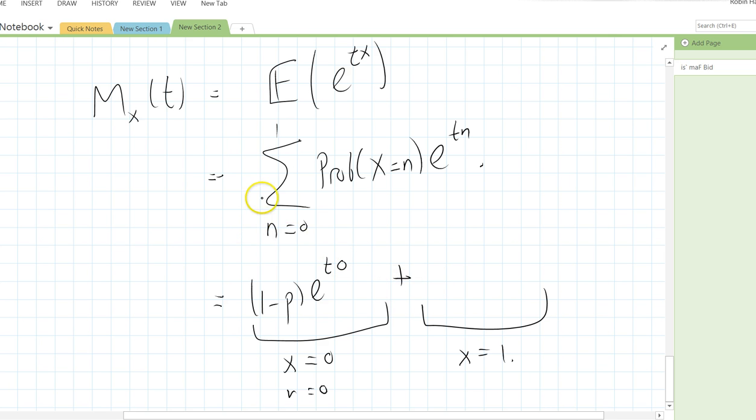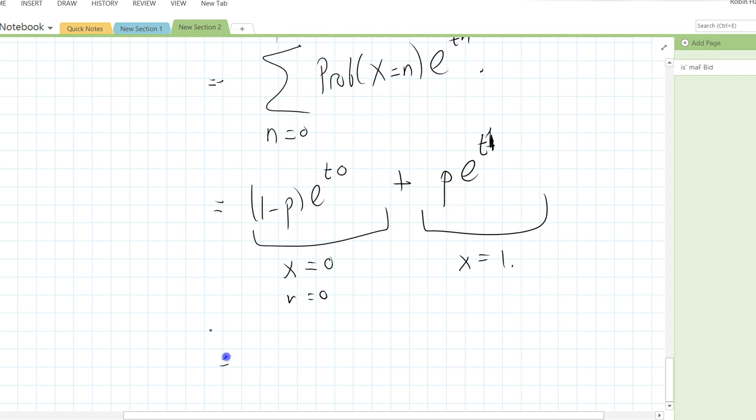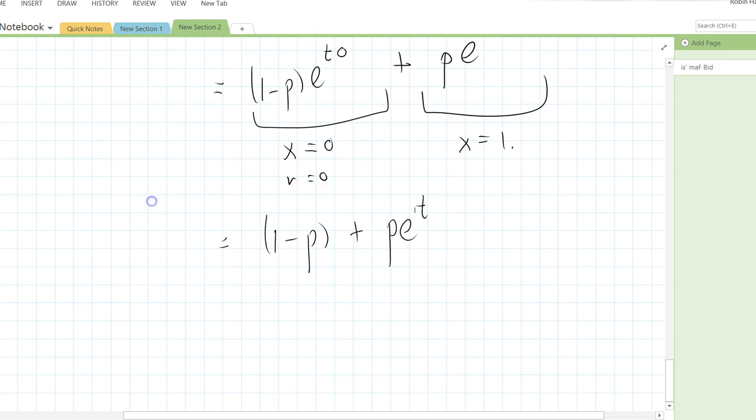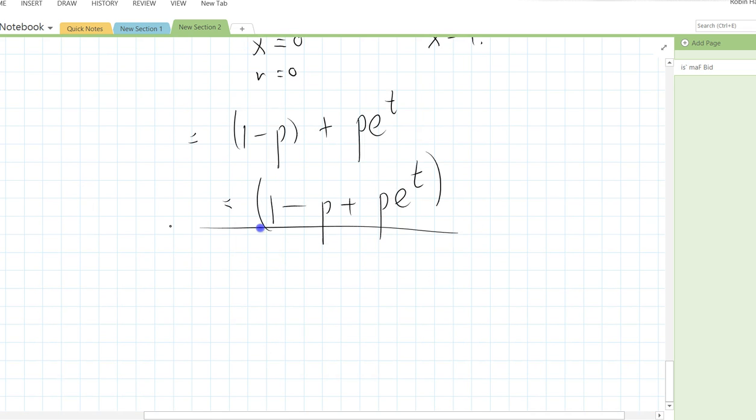Plus, because it's a sum, p times e to the t times 1, because n equals 1 in that case. It's a bit of a peculiar case, but there it is. So it's 1 minus p, because e to the 0 is equal to 1, of course, plus p e to the t. So I'll just write that out again as 1 minus p plus p e to the t. Beautiful. Okay, there it is.